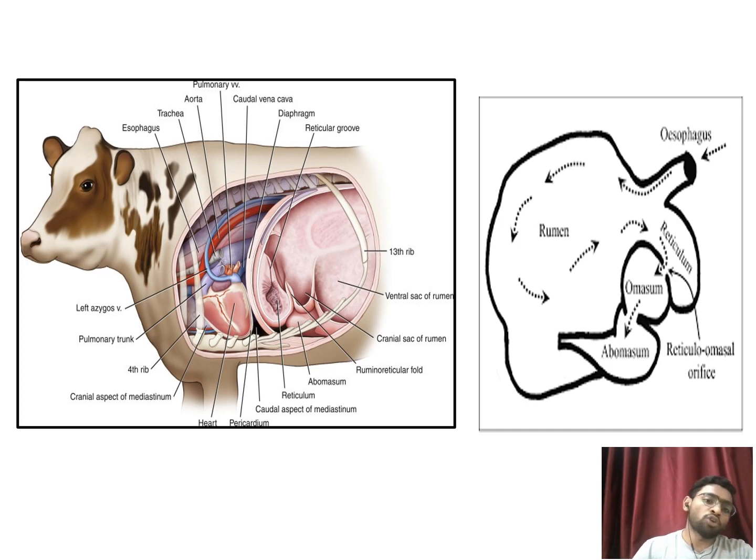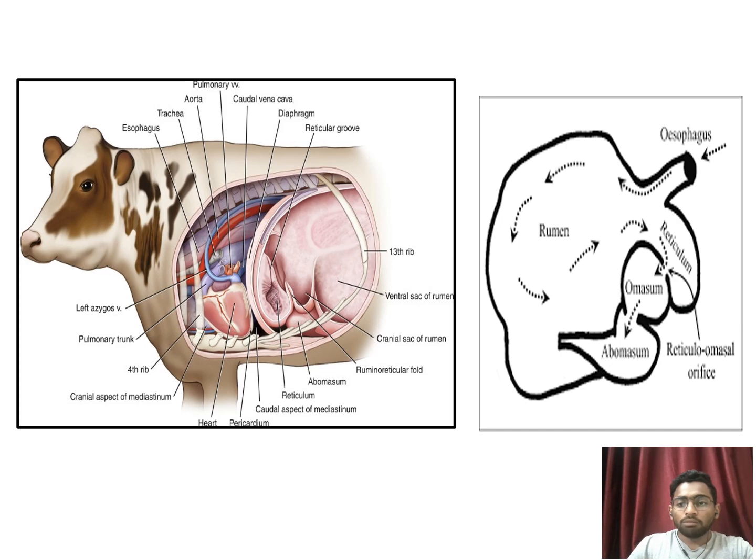Okay, now before going to the actual topic, let us discuss some facts which will be helpful in understanding the main topic clearly. Whatever food is eaten by the cattle moves from the esophagus into the stomach. The stomach contains four compartments: the rumen, reticulum, omasum and abomasum. The food which enters the rumen will pass to the reticulum.